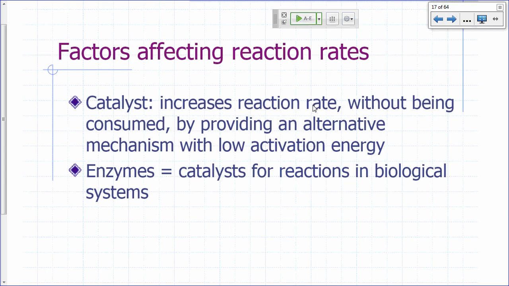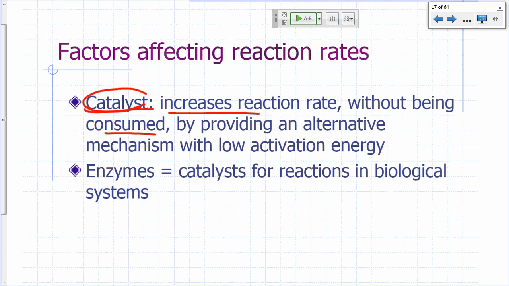Factors affecting reaction rates. A catalyst is something that you would add to your reaction mixture, which causes the rate to go up, speeds up a reaction. But for it to be called a catalyst, it must not be consumed. That means when you're adding a catalyst to a reaction mixture and it speeds up, your catalyst must be regenerated at the end. Okay, so it's not consumed.